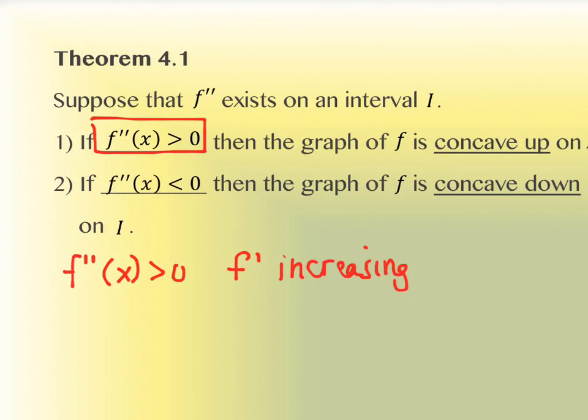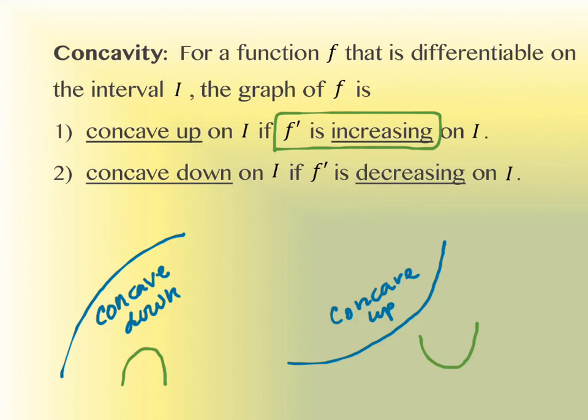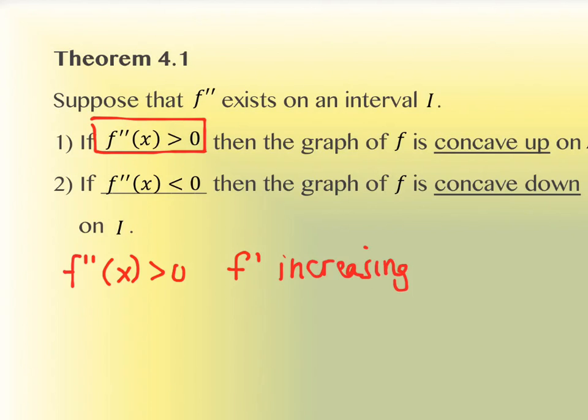That's what we know from section 3.3. When the second derivative is positive, the first derivative is increasing. What we know from the previous slide is that f prime is increasing means that the graph is concave up. So these are all equivalent language. They sound different, but they're all equivalent to one another.